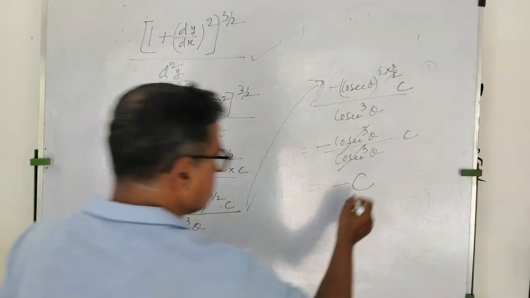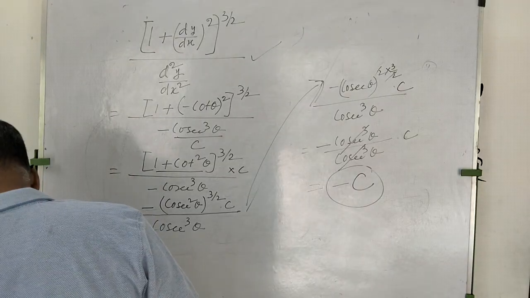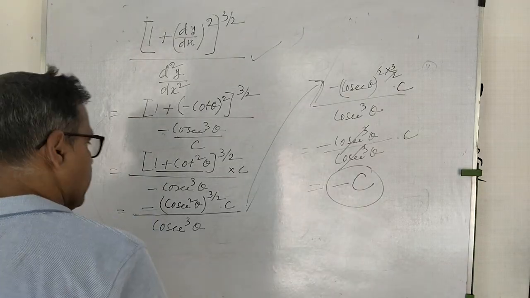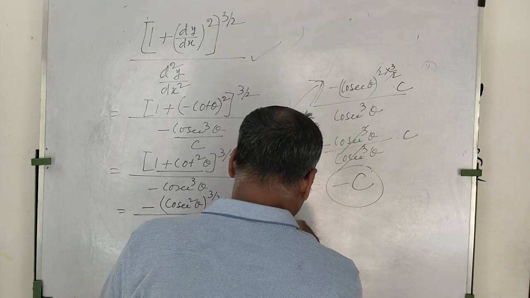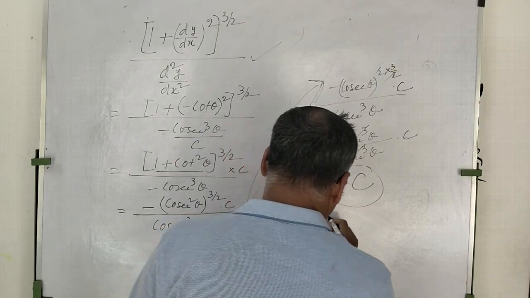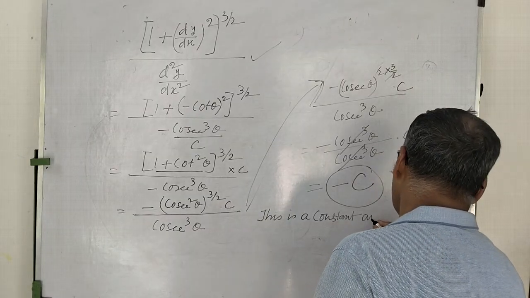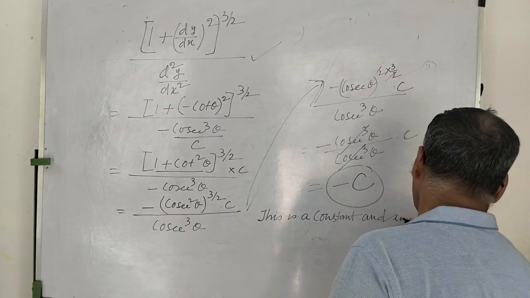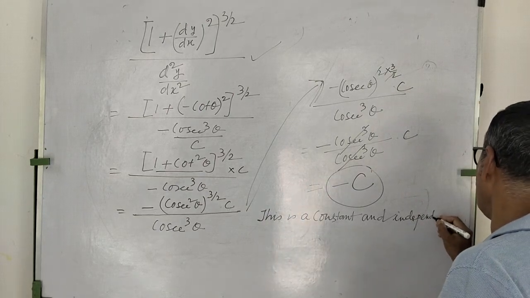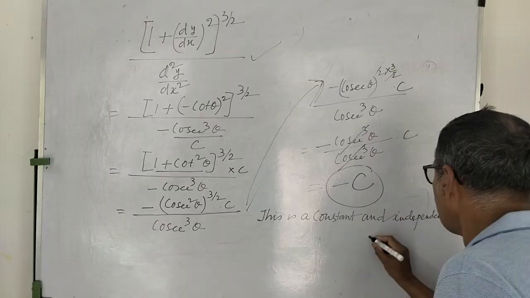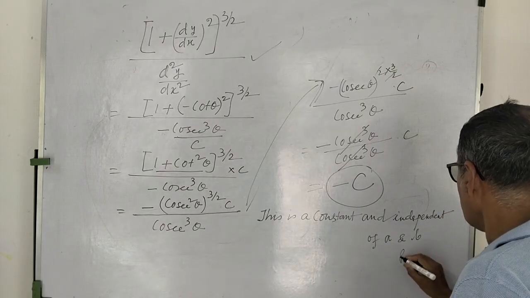Final result is −c. This is independent of a and b. This is a constant and independent of a and b. Good.